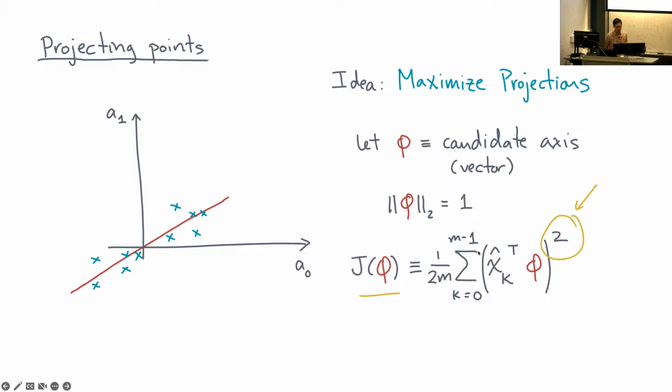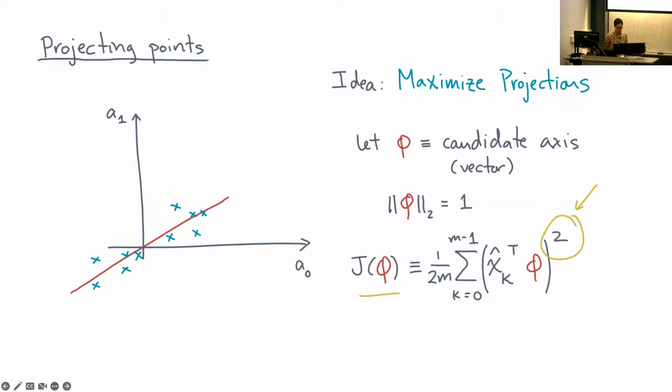So the function I'm trying to maximize is: project onto phi, measure the length of the projection, square that, and then sum all of those. That will be my measure of the total projection, the sum of squared projections of all the points.